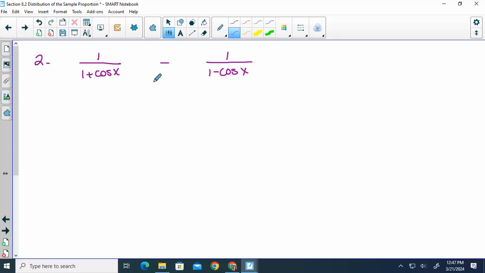So if you want to add or subtract, what do we have to have? The first one has 1 plus cosine x. It needs... The second one has 1 minus cosine. It needs 1 plus cosine.